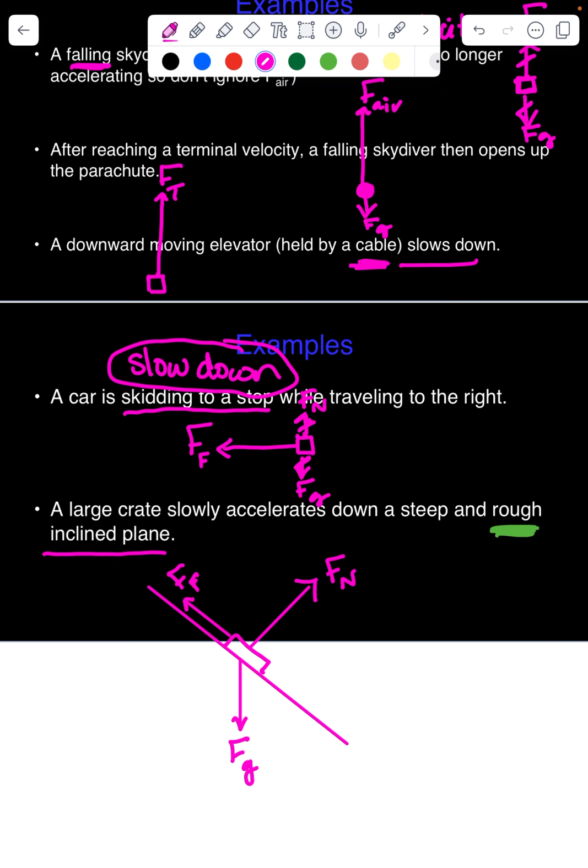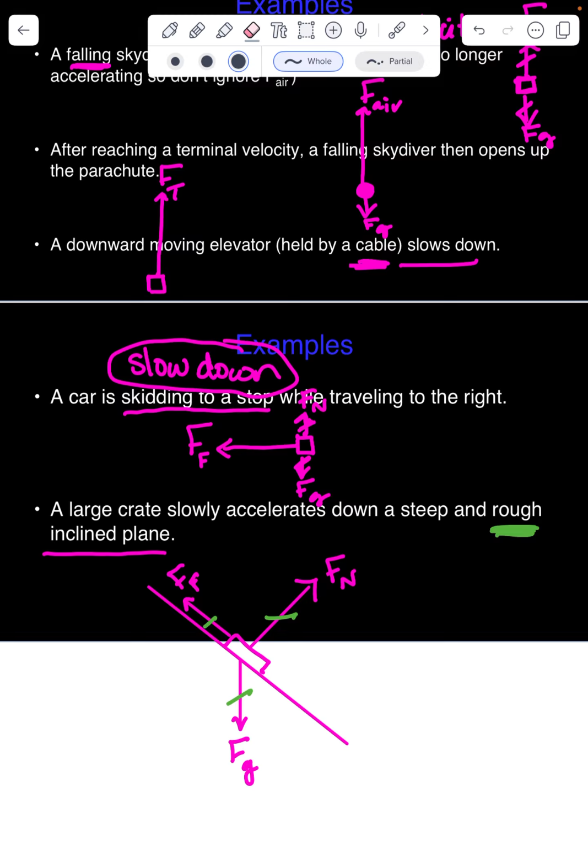Now, something that a lot of people will mess up on is that they will set these equal to each other. They will put slashes and dashes on these to say that these are equal and opposite or balanced, and you can't do that.